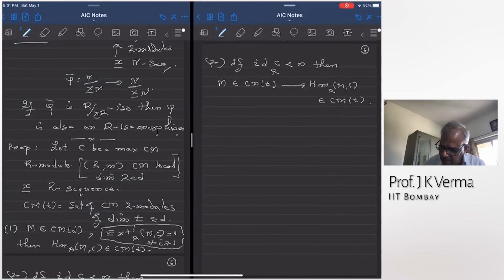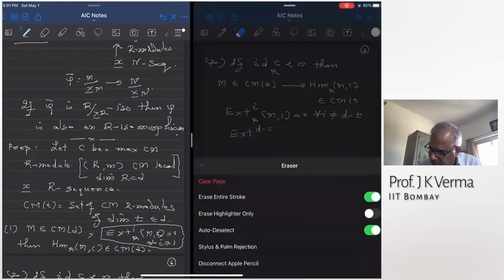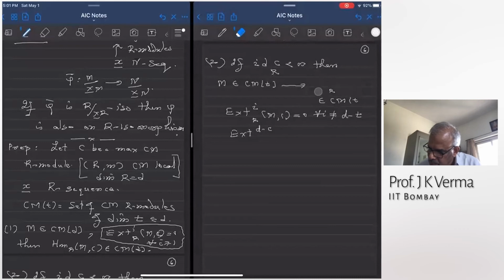Not only that, in case 2, if we look at Ext^i(M, C), then this is 0 for all i not equal to d minus t. And if we take Ext^(d-t), this is not Hom, sorry. I want to produce a Cohen-Macaulay module of dimension t using some analogous process as we did in number 1.